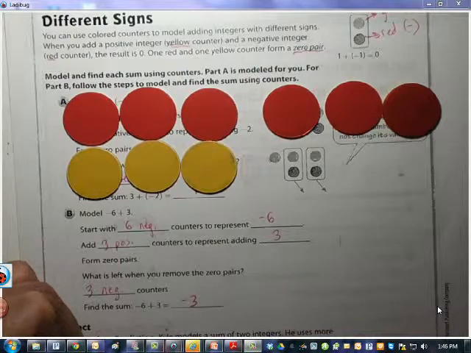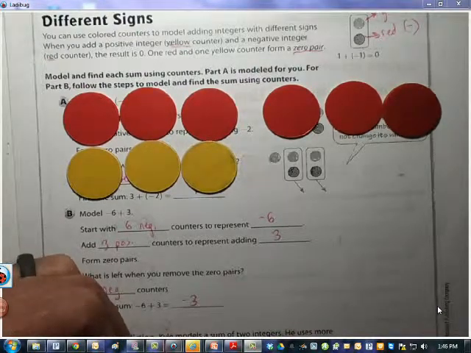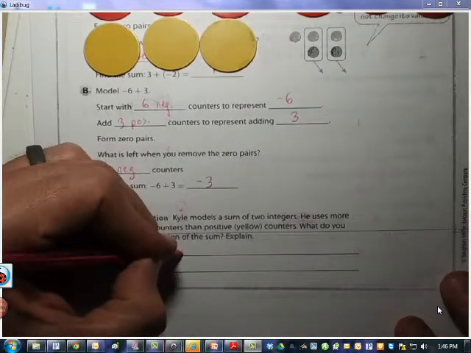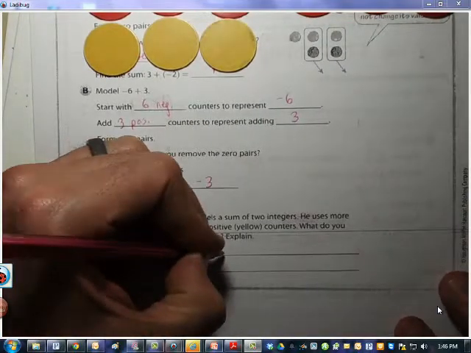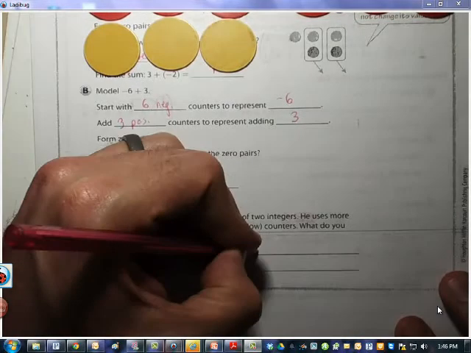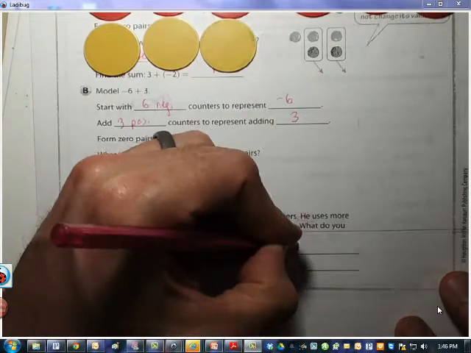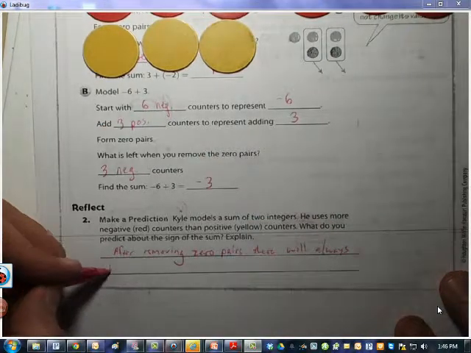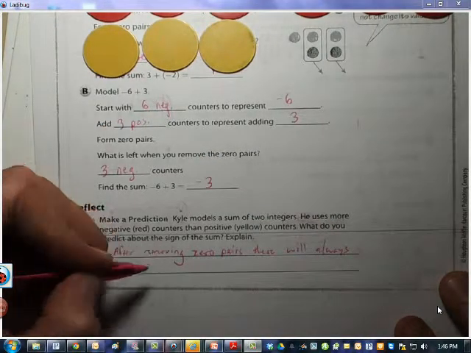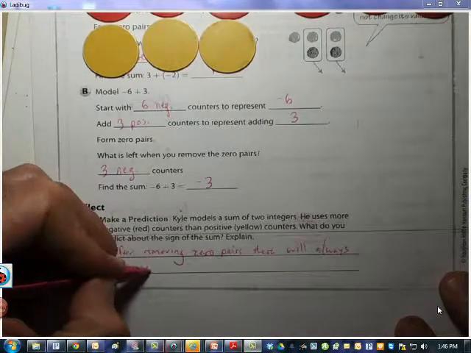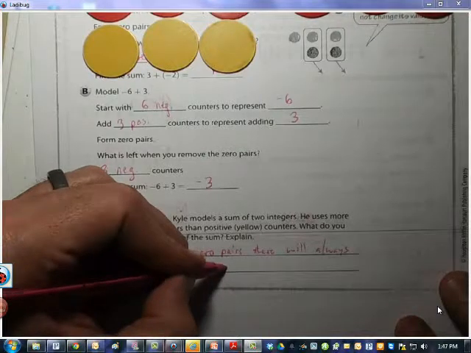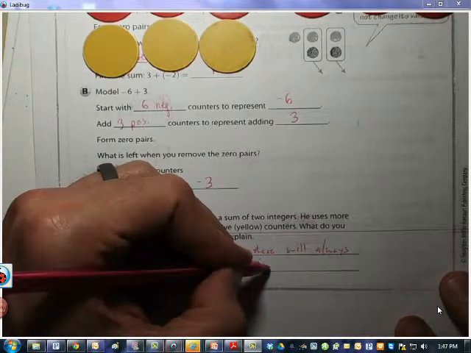Okay, so after removing 0 pairs, there will always be negative counters left over.